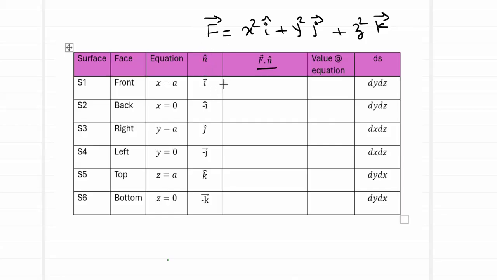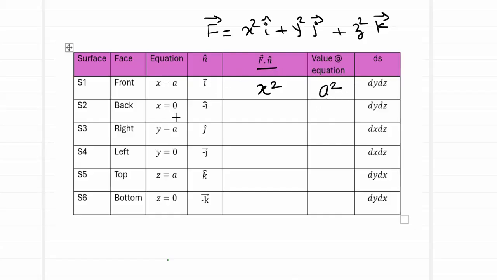What happens in this case? i dot i will be equal to 1. What will be i dot j and i dot k? It will become 0. So the value of f dot n cap will be merely x square. Now what is the equation? X equal to a. So when I substitute x equal to a, you will have it as a square.